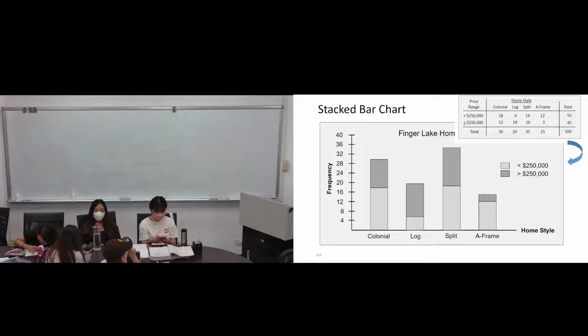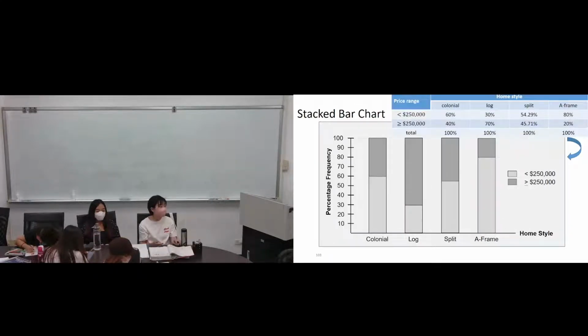For the A-frame, we divide 12 by 15 and get 80%, and the remaining percentage is 20%. So for the A-frame, 80% are priced below $250,000 and 20% are priced above $250,000. So that's the stacked bar chart.